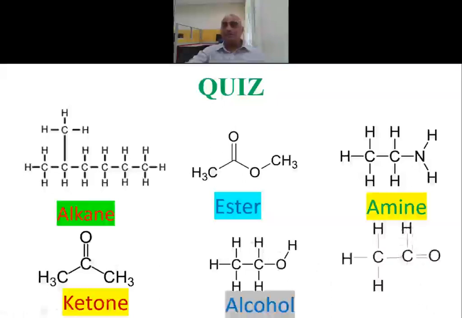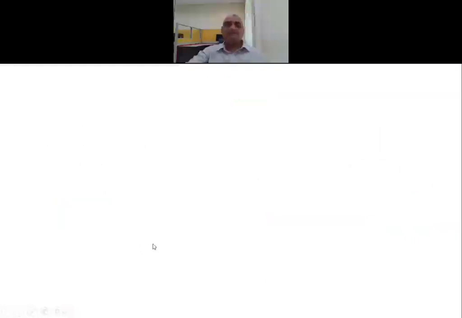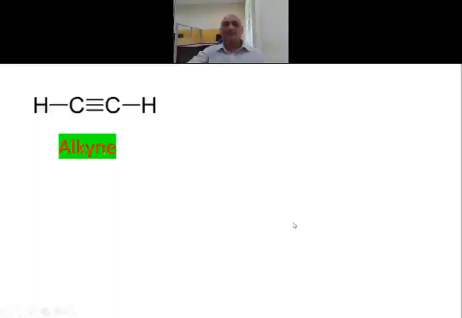This functional group at the end, yes, aldehyde. Next example, please guess. Yes, carbon to carbon triple covalent bond. This one is alkyne.